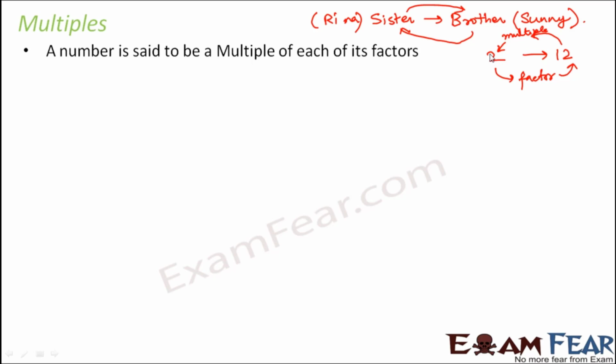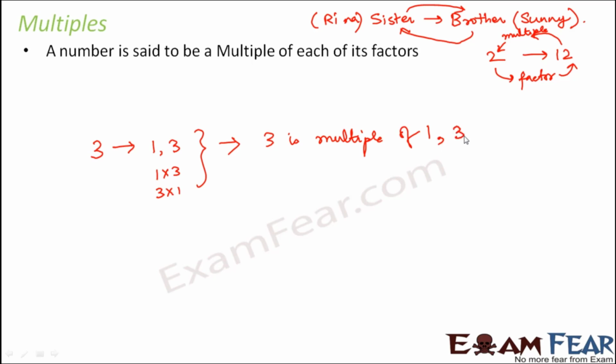Let us understand this with examples. We had seen in the previous slide that for the number 3, we have 2 factors, 1 and 3, right? Because 3 can be written as 1 into 3, it can also be written as 3 into 1. What does this mean? This means that 3 is a multiple of 1. 3 is also a multiple of 3.